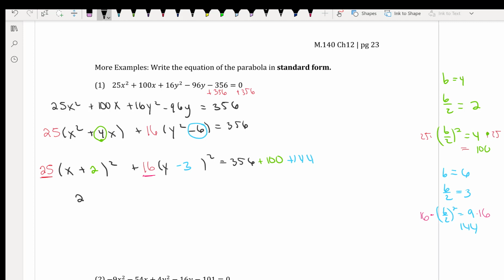So now I have 25 times (x plus 2) squared plus 16 times (y minus 3) squared. Now I'm going to add all these numbers together. It's 356 plus 100 plus 144. And that gives me 600. And so I'm going to divide everything by that 600. So on my calculator, the fraction 25 divided by 600 gives me a 24 on the bottom.